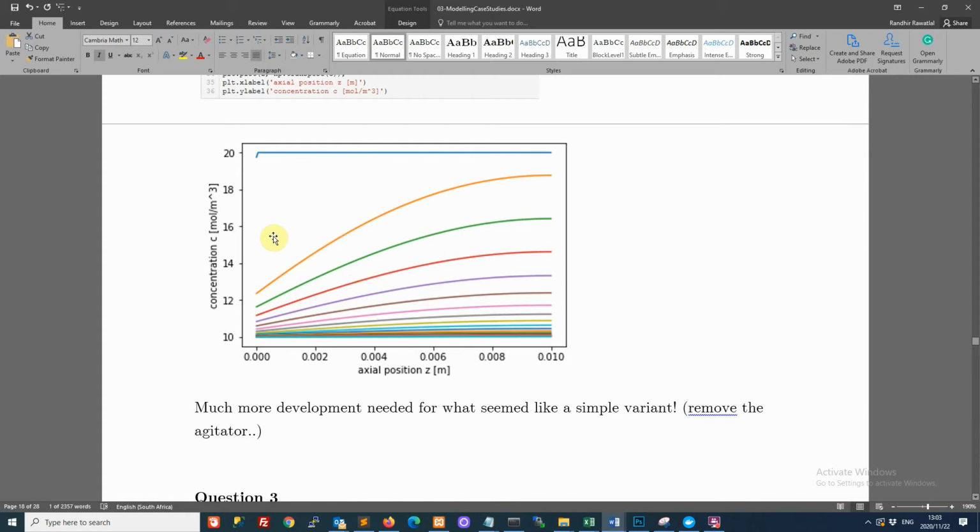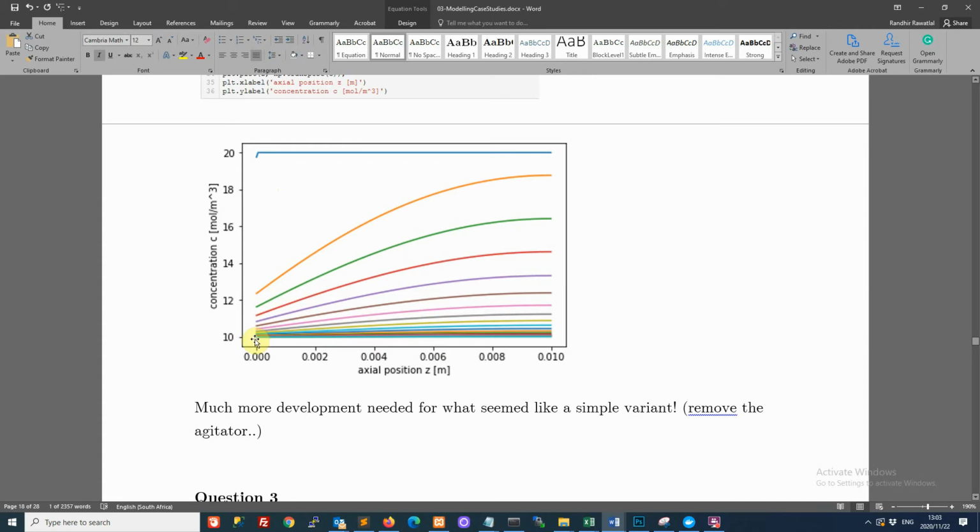So component A was diffusing towards the membrane, and the concentration dropped quite sharply right next to the membrane, and component A started diffusing in this direction until we got closer and closer to the equilibrium value of 10, and eventually everything just settled out at 10.